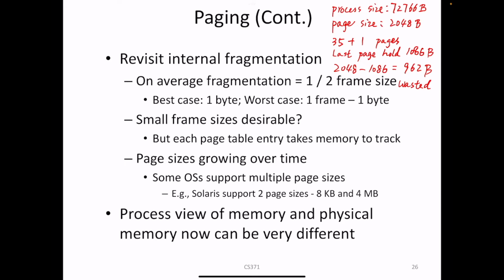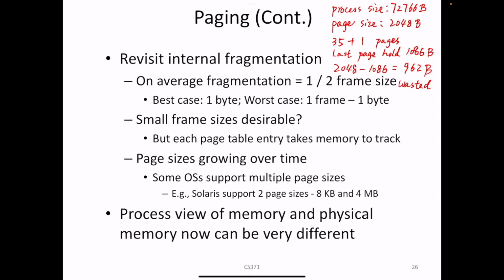Actually, with the development of computer technology, page sizes are growing over time, because the size of main memory has increased and the size of a process becomes larger and larger. Therefore, some of today's operating systems support multiple page sizes.